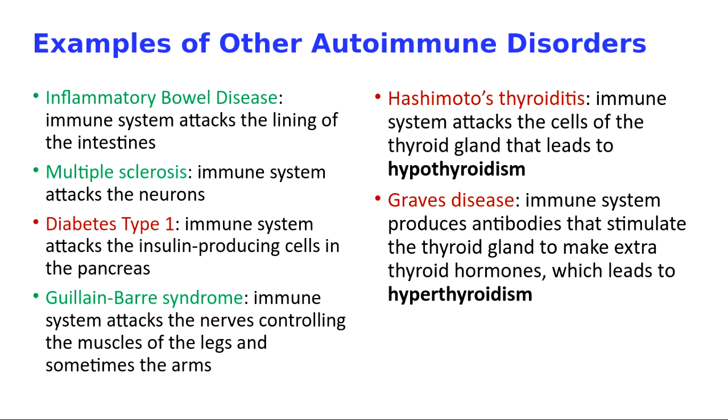Other examples of autoimmune disorders include inflammatory bowel disease, multiple sclerosis, Guillain-Barré syndrome, Hashimoto's thyroiditis, very common in women, and Graves' disease. Both Hashimoto and Graves have to do with the thyroid. Both of them can lead to completely different signs and symptoms, but can affect a patient's health.